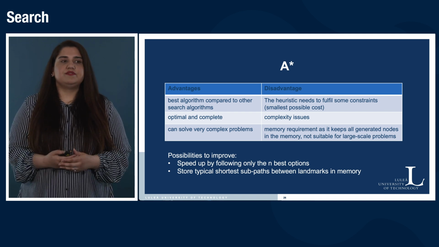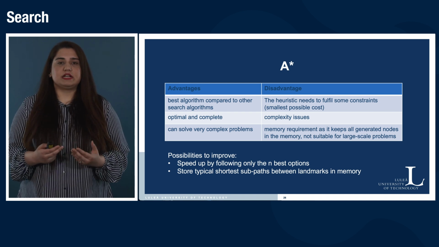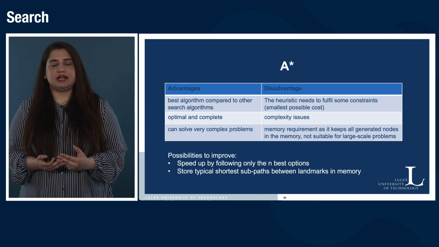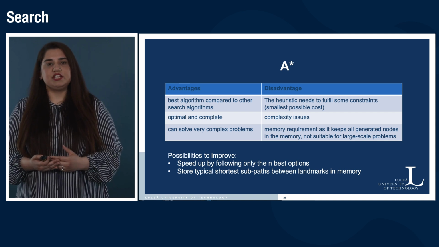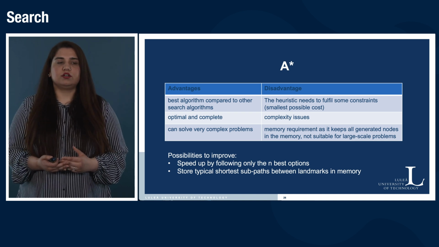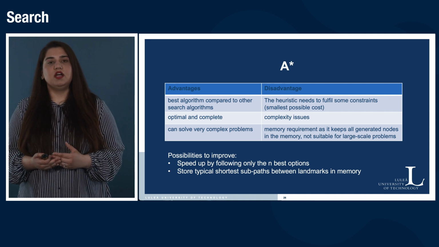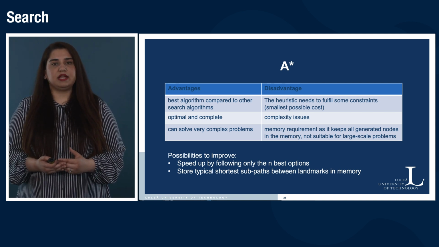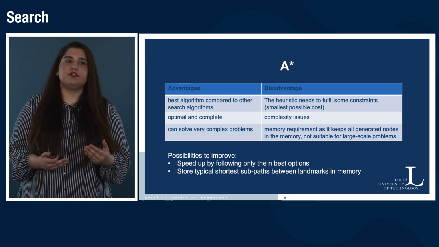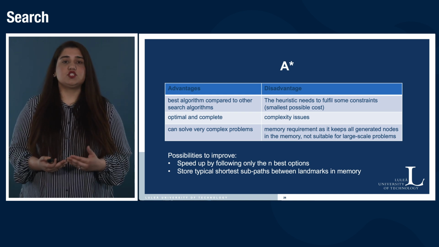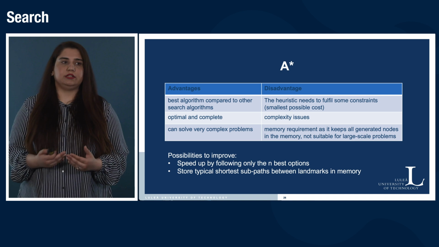So, it gives us optimal and complete. When we say complete, it means every time the solution will be reached. There is no confusion, or any scenario where the solution will not be achieved. So, it is complete. Any algorithm which can end up in an infinite loop, like depth first search, is not complete, that is an incomplete algorithm.